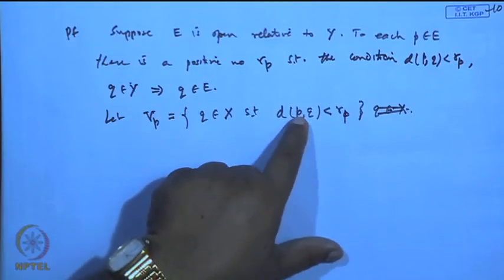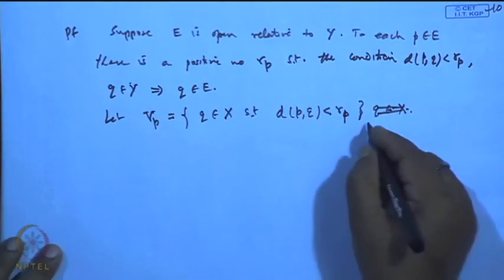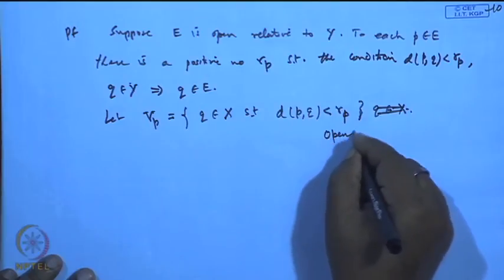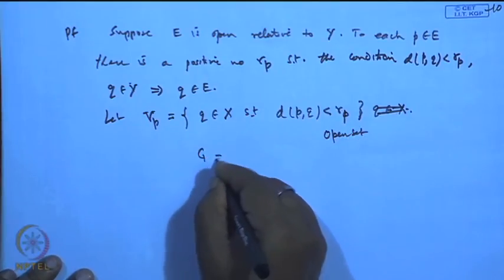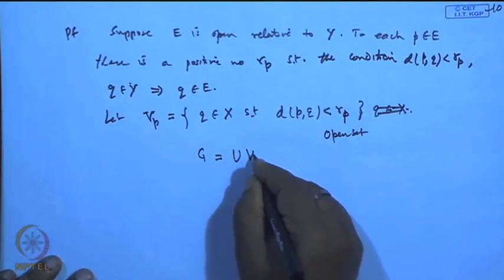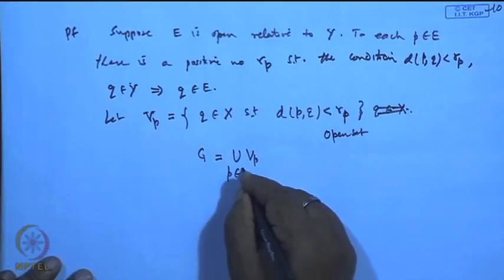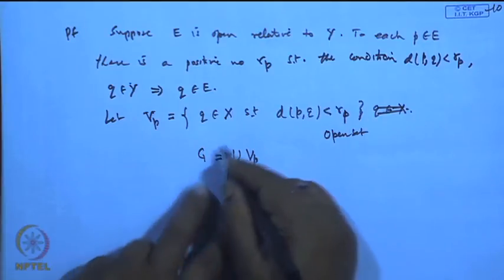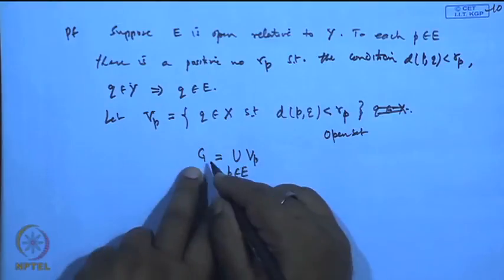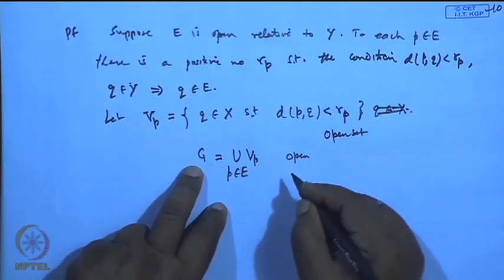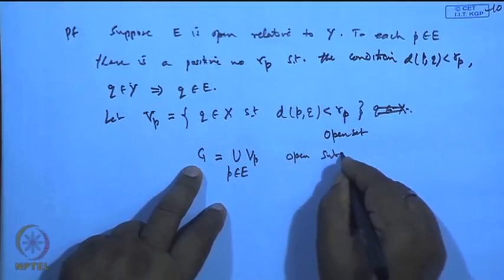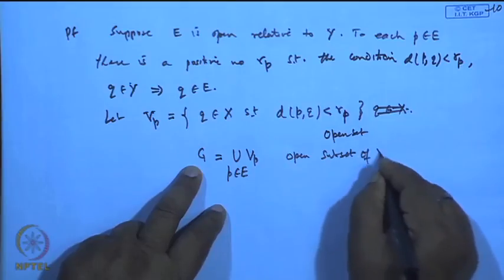Obviously, this is a neighborhood, and a neighborhood is an open set. If I take G as the union of all these B_p, where p belongs to E, then this union of open sets is also open. So G is an open subset of X.